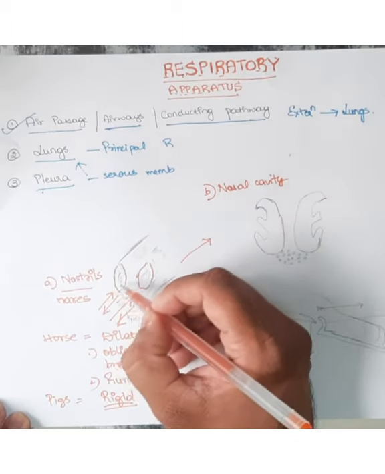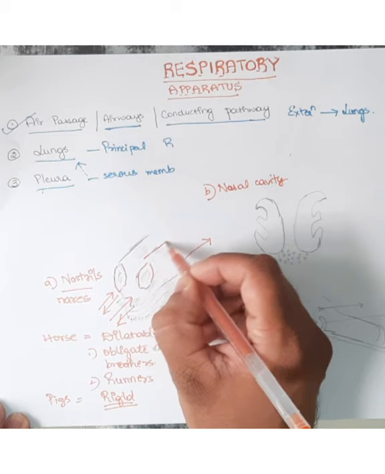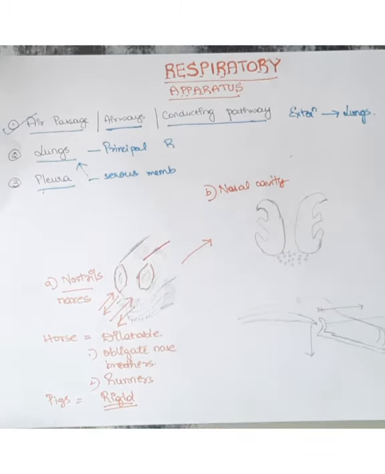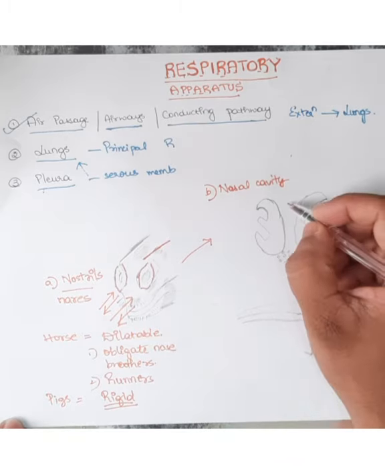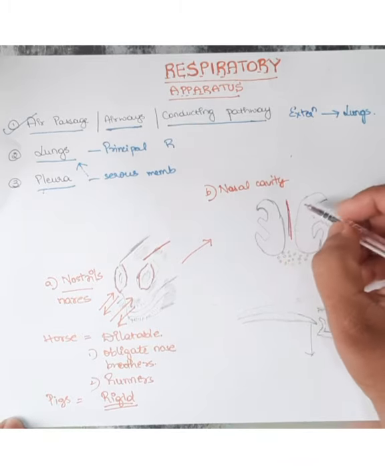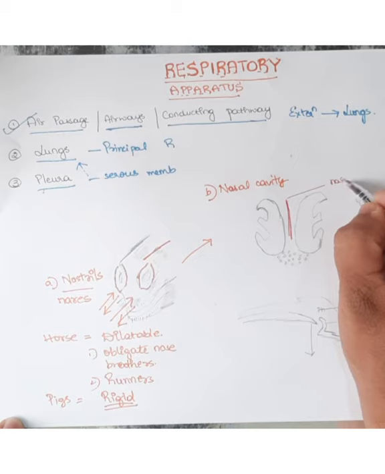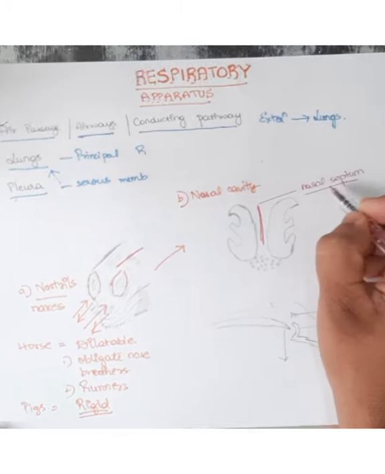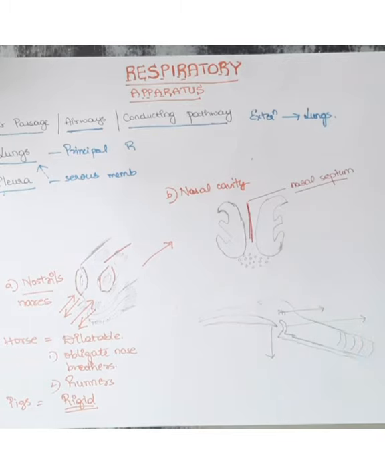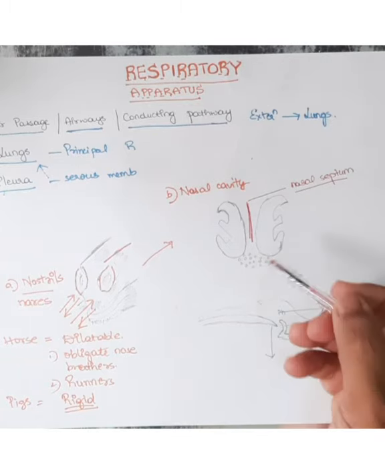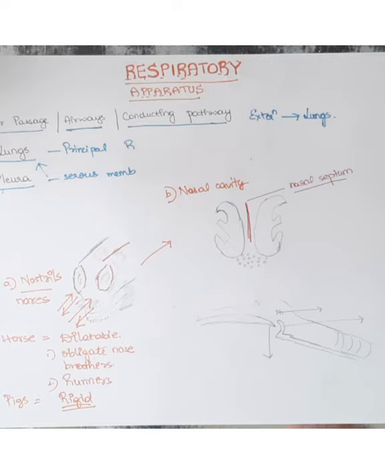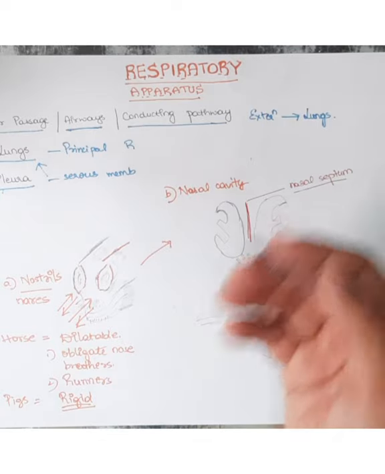So the air moves through the nasal cavity. This nasal cavity is separated by a septum referred to as the nasal septum. And it is separated from the mouth by the hard and the soft palate.